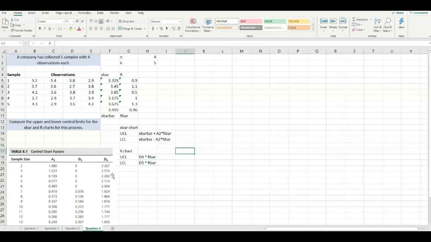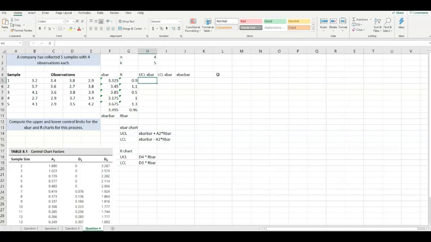So that's why we need this chart when we are creating the upper and lower control limits for the X bar chart and the R chart, because we need to be able to figure out these constants that we'll have in these formulas. So now let's create the upper control limit, lower control limit for the X bar chart.